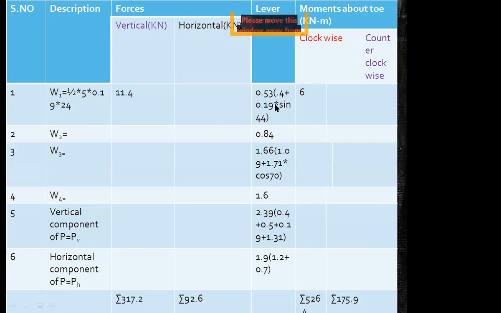The formula is summation of MR by summation of MO, that is, resisting moments to the overturning moments. So there you need moments, clockwise moment or counterclockwise moments. Forces are divided into two parts: vertical forces and horizontal forces. Moments also: clockwise moment and counterclockwise moment. So like this you need to prepare a table.